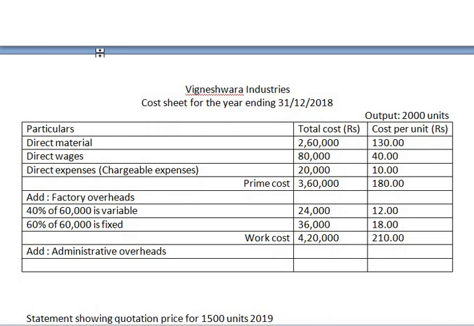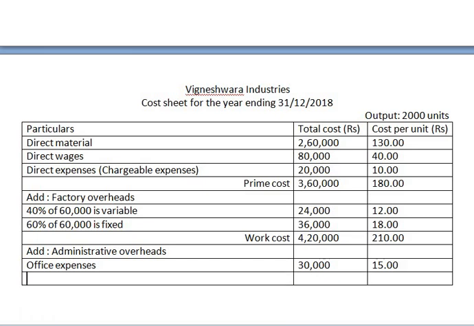Office expenses 30,000, again divided by 2000 units, that is 15 rupees. Now again go through the problem. If anything else is given relating to administrative overheads, they haven't given any other expense.